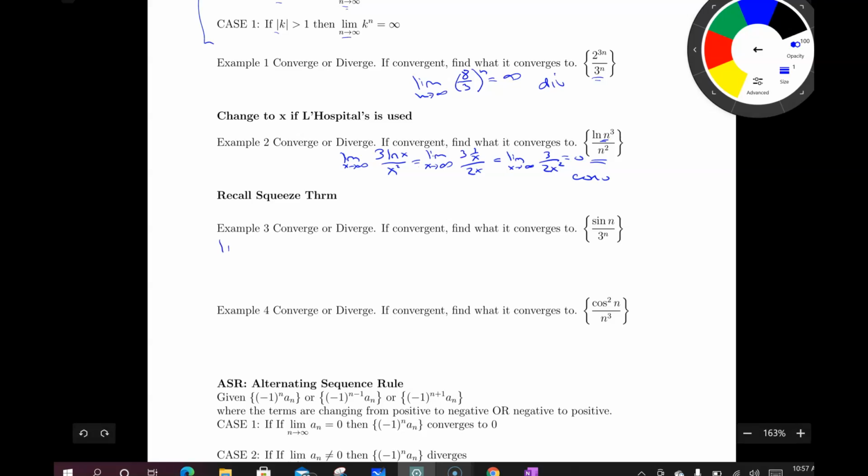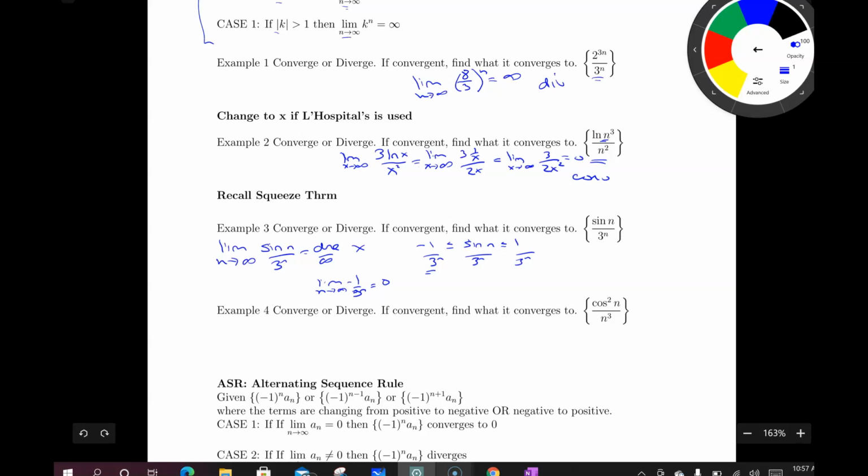So if I start to take a limit, because that's what you do in general for sequences, and I get DNE over infinity, that's bad. That means absolutely nothing. So I need to do a squeeze theorem. Squeeze theorem is when I have two inequalities, and I build the function in the center, and then I take the limit as n goes to infinity of the two outside functions.